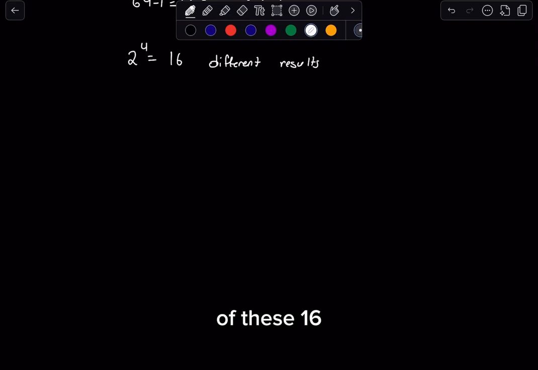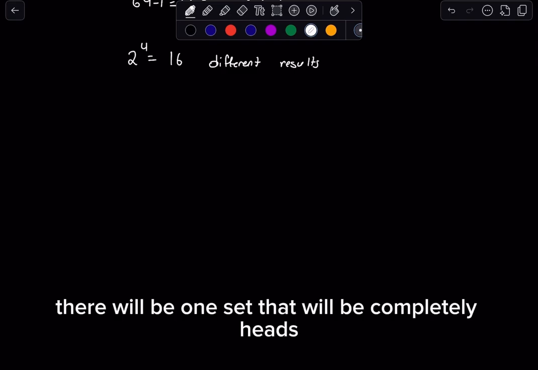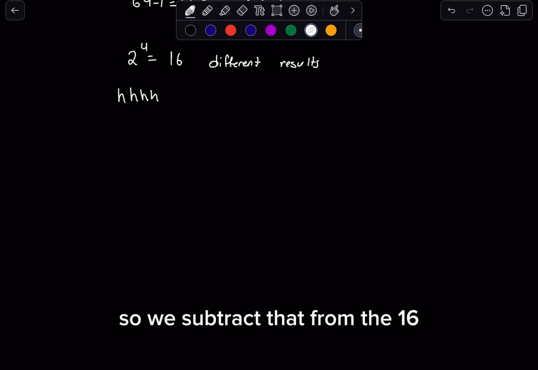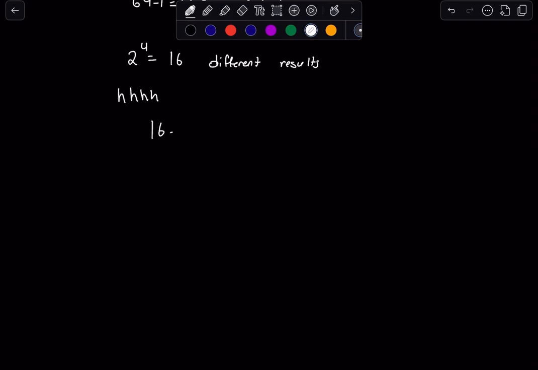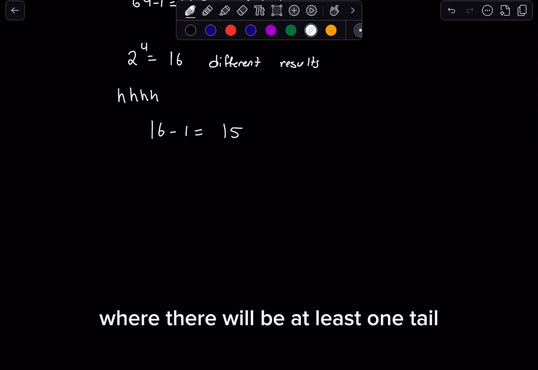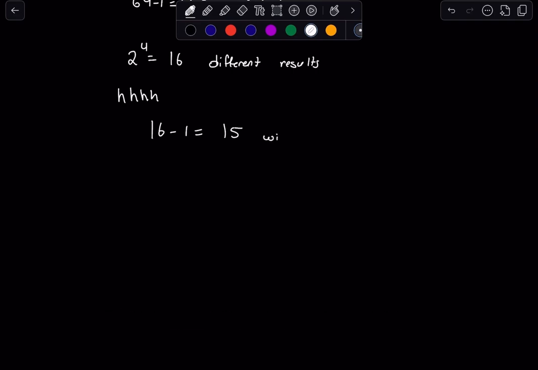Of these 16, there will be one outcome that is completely heads. So we subtract that from the 16, and we have 15 different ways where there will be at least one tail. Moving on.